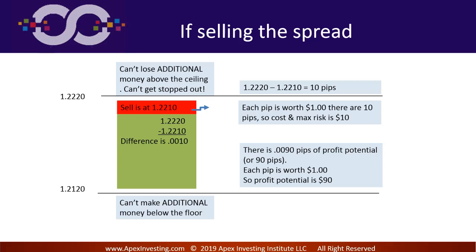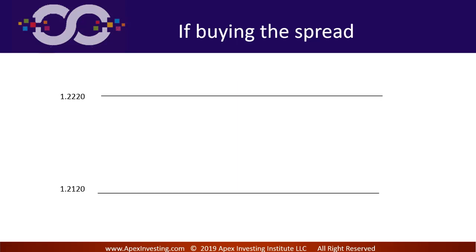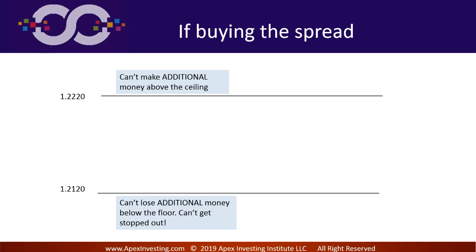Now, if we flip it around, if you buy the spread, you can't make any additional money above the ceiling, can't lose any additional money below the floor, and you can't get stopped out. So if you buy it at 21.30, okay, and the floor is at 21.20, the difference is 21.30 minus 21.20, which is 10.